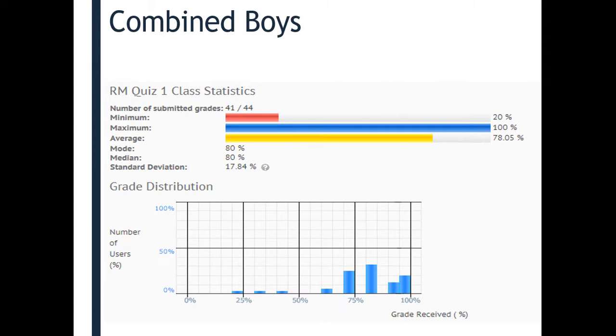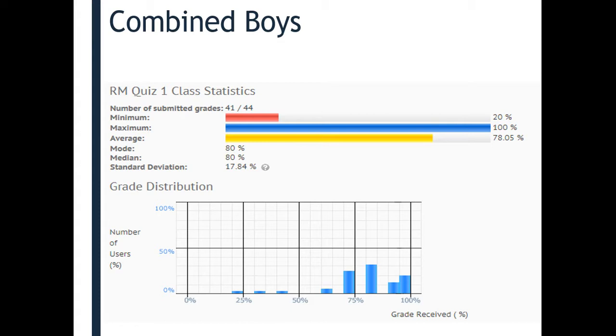Now if we look at the boys combined, you can see that when we use the analytics of eLearn, it also gives some colors. So you can see they are showing red. Red means this guy has failed. So anything less than 40, they treat it as fail. So one student, or say about 5% of the students have failed.